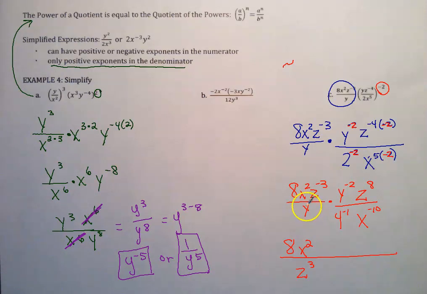Let's bring this y down here. Y to the negative 2, where does it go? It goes on the bottom, right? We're just going to make that y squared on the bottom. Z to the 8th stays on top. We're just going to have one really big fraction. Yeah, the things will just start canceling out. 4 to the negative 1 goes on the top because it has that negative exponent. So now it's a positive 4.